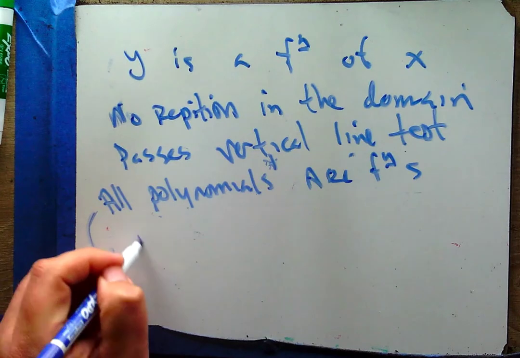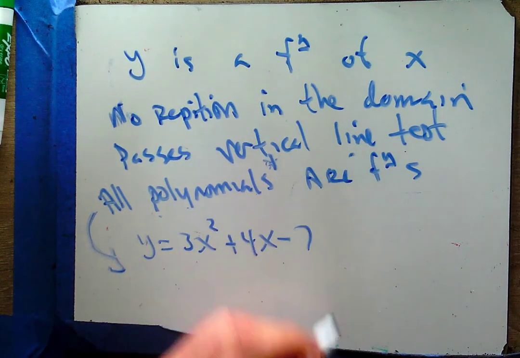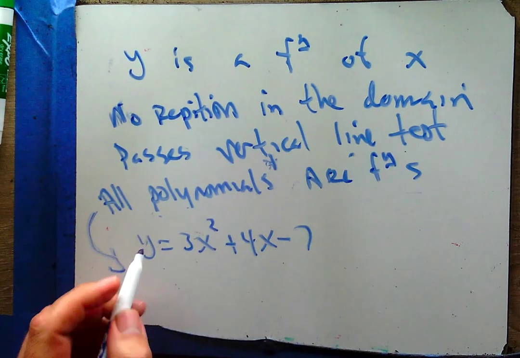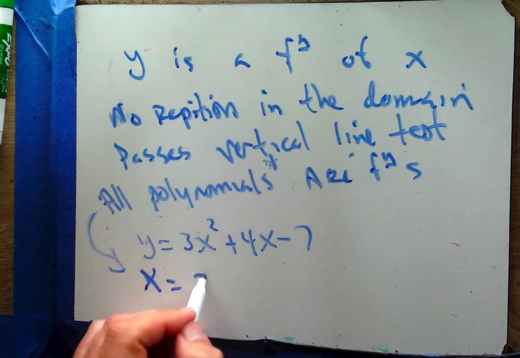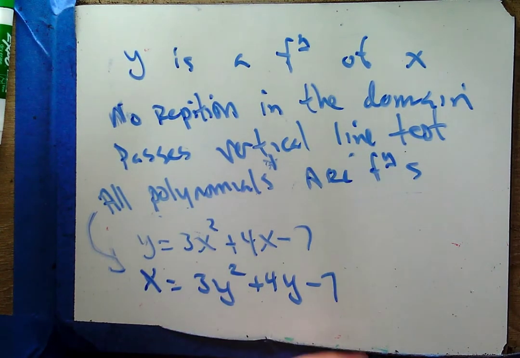So if I have something like y equals 3x squared plus 4x minus 7, that's a polynomial. That is a function. But if I have x equals 3y squared plus 4y minus 7, it's still a polynomial, but it's not a function anymore.